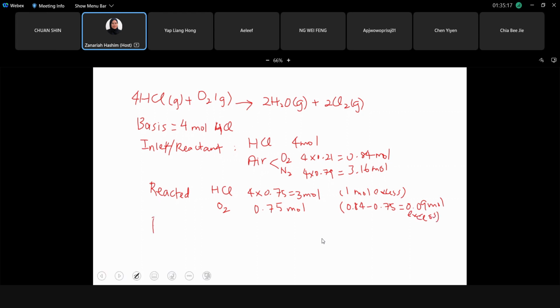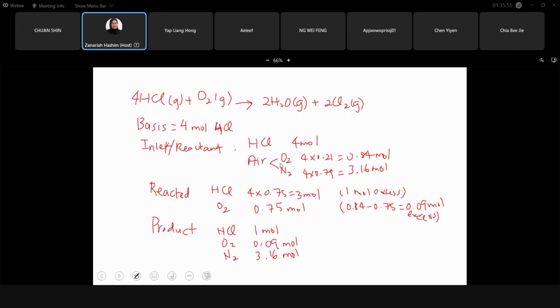Okay, so your product stream will be those that are unreacted and also those that were produced from the reaction. So you have HCl which is 1 mole, and then oxygen not reacted 0.09, and then you have the nitrogen because nitrogen is from the air and it doesn't take part in the reaction, so same 3.16 mole.